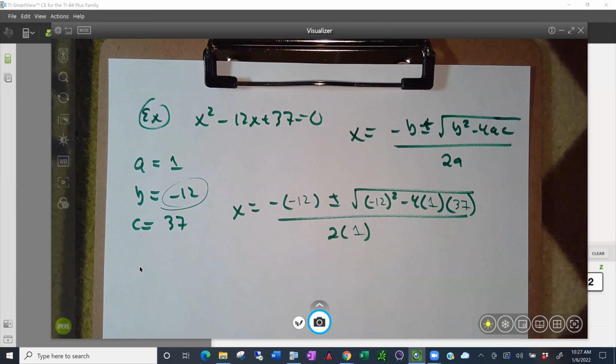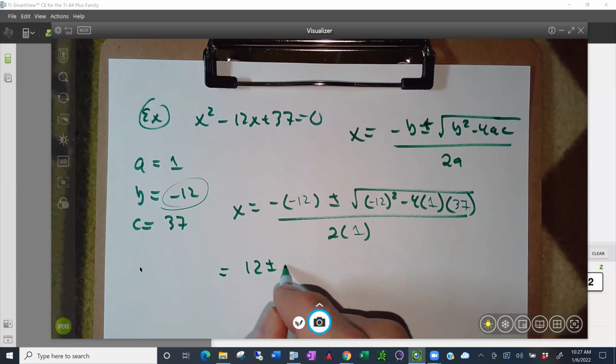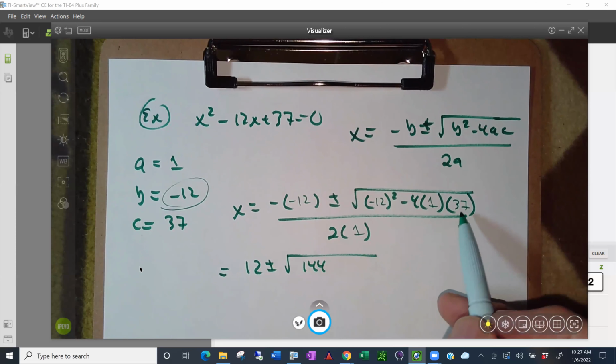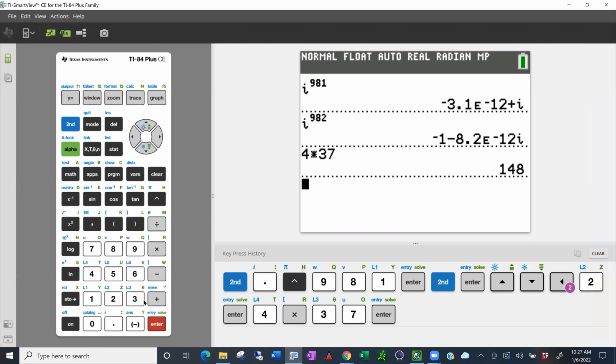Okay, so let's see if we can't clean this up. That's going to be 12 plus or minus the square root of 144 minus, let's see, that's what, 168? No, 148. Now let's just double check it. 4 times 37, 148. All over 2.